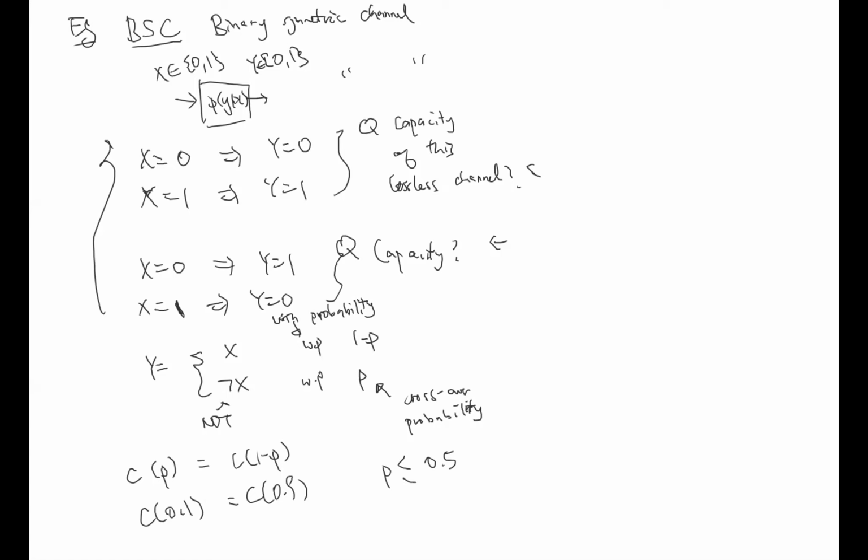Now let's try to compute the capacity here. So capacity is equal to the maximum over p(x) of I(X;Y), right? And I can write I(X;Y) as H(Y) minus H(Y given X).